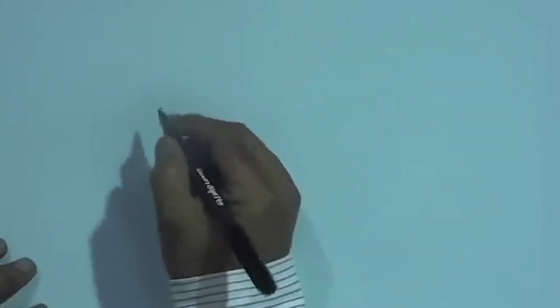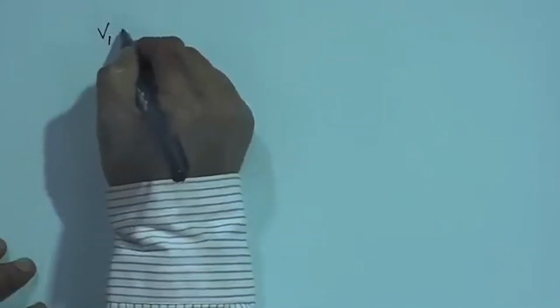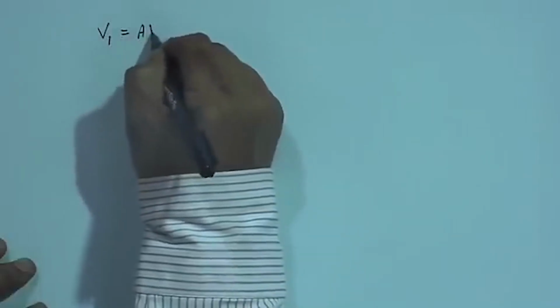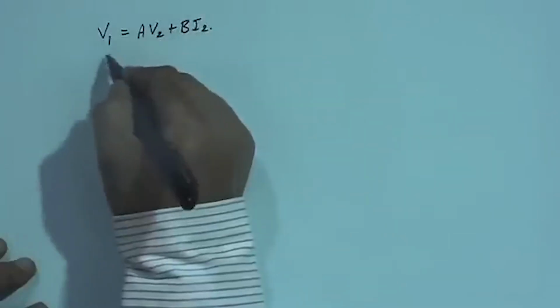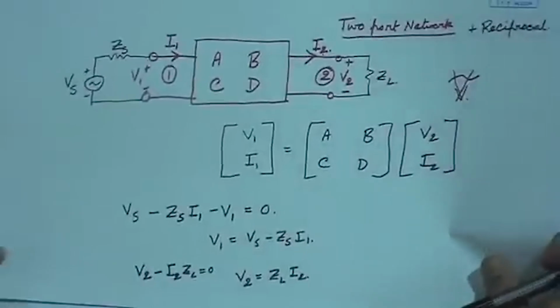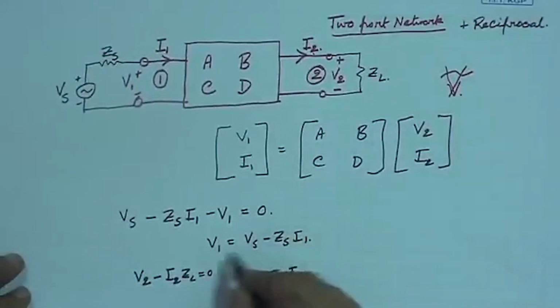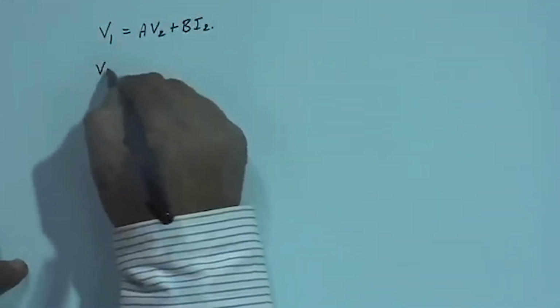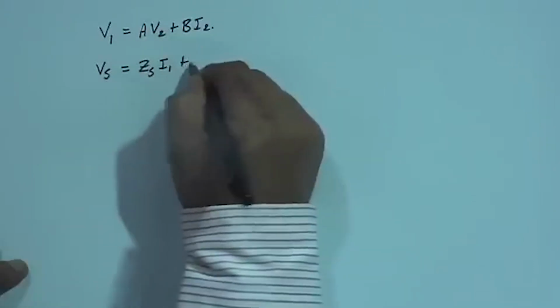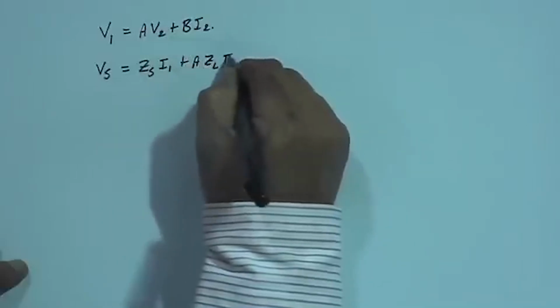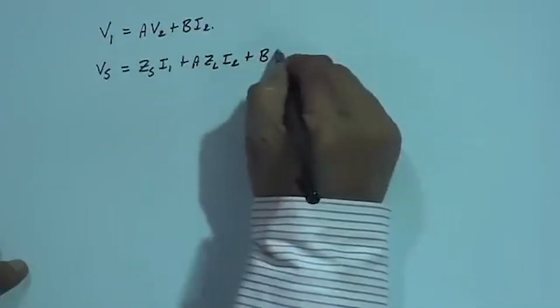First let us analyze the transfer impedance in this case. As you all know, I can write V1 = A V2 + B I2, and V1 is already related to the excitation voltage Vs. So, I will put that and get Vs = Zs I1 + A Zl I2 + B I2.